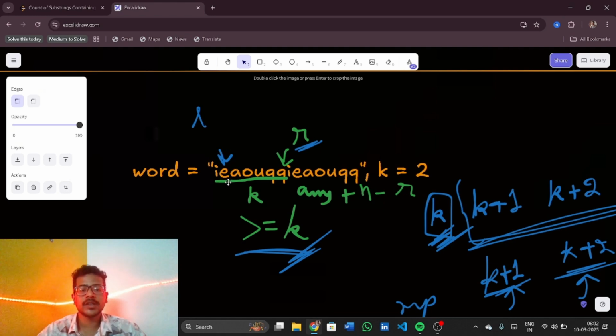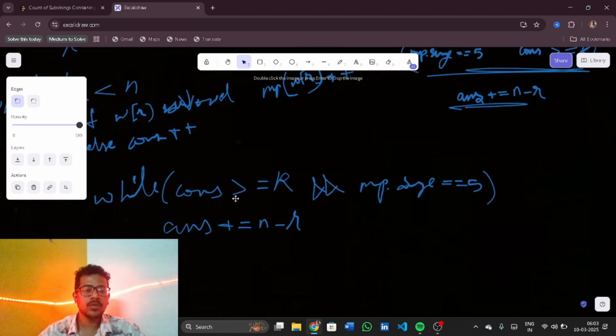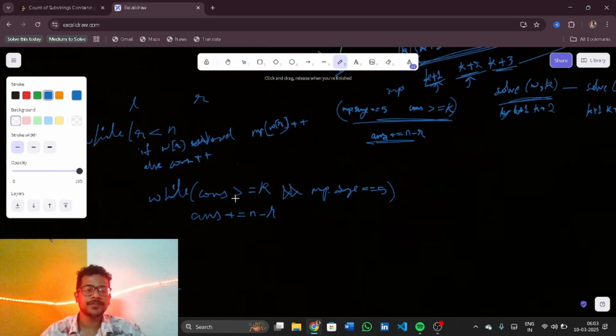Now the consonants count is 2, but the vowels count is just 4. If you see, I only have E, A, O, U. I don't have an I. So this will come out of this while loop and go here and get right count.